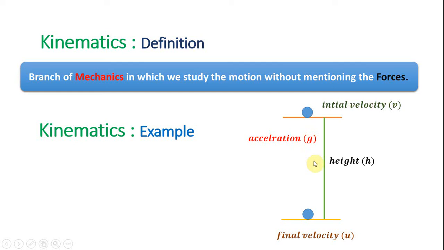Now if we want to understand the motion of this object under gravity, then we can relate all these parameters, that is the initial velocity, the final velocity and the acceleration, through an equation. There are other equations as well, but this equation is totally a kinematical equation, because no forces are involved in this analysis.